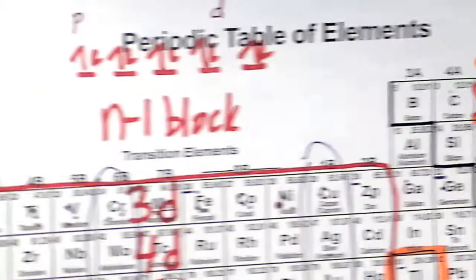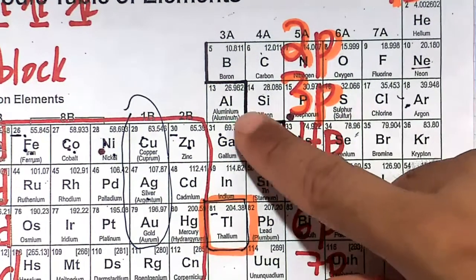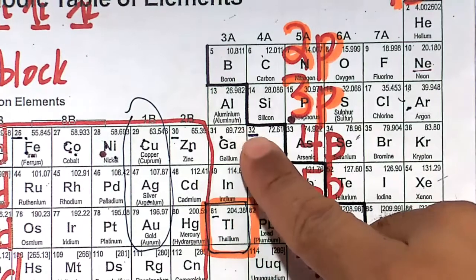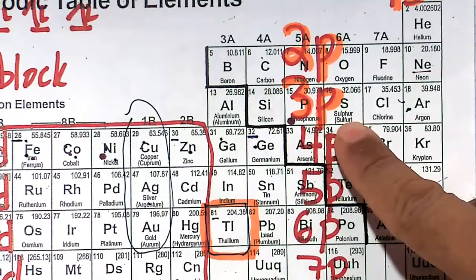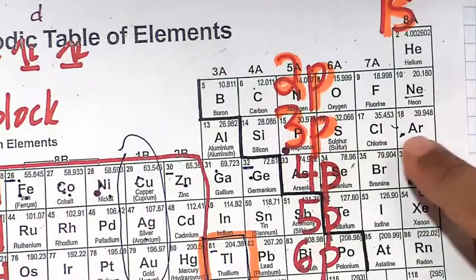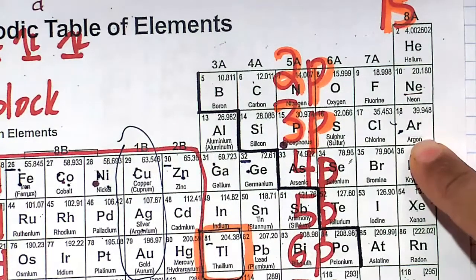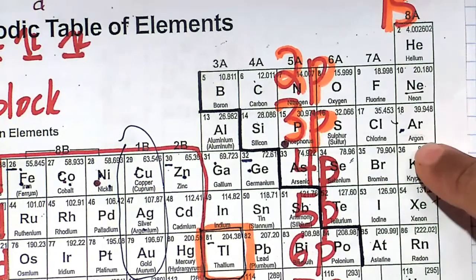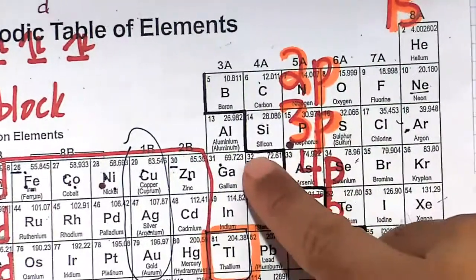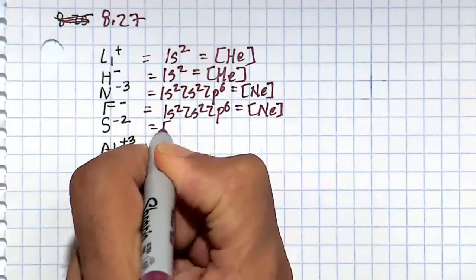S minus 2 is the next one in the problem list. S is neon 3s2, 3p4. S minus 2 gains 2 electrons. It becomes the nearest noble gas, argon. So what is argon in the ground state? Argon in the ground state is neon 3s2, 3p6, right? S minus 2 would be argon.